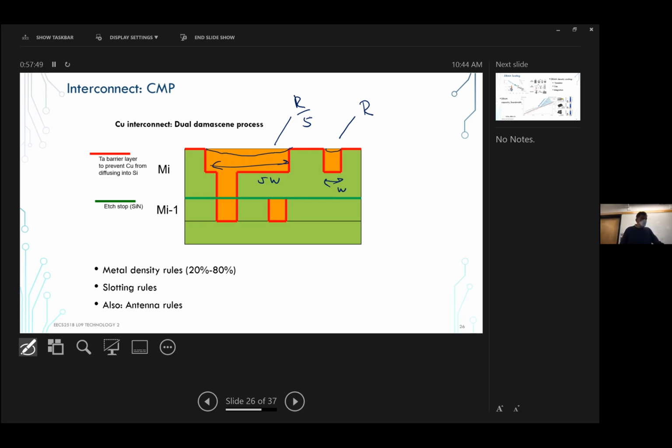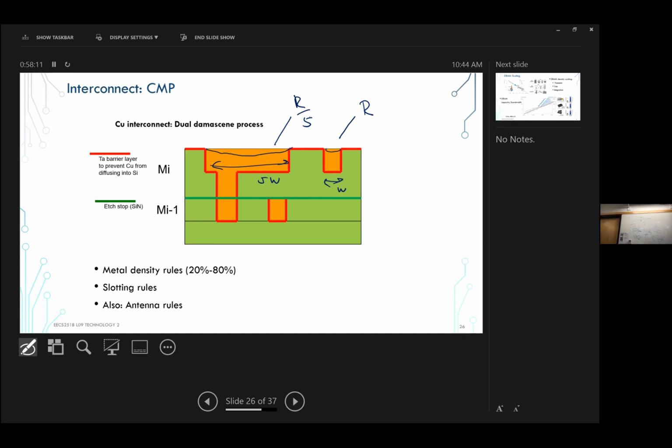So the rules that we see are that most foundries now require uniform metal densities. They used to be relatively relaxed, with about 20 to 80% variation.